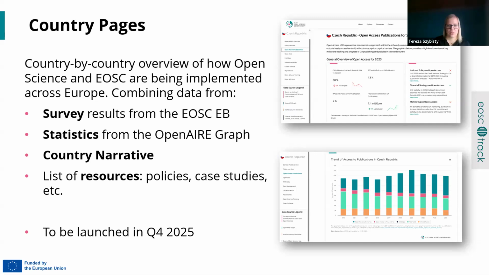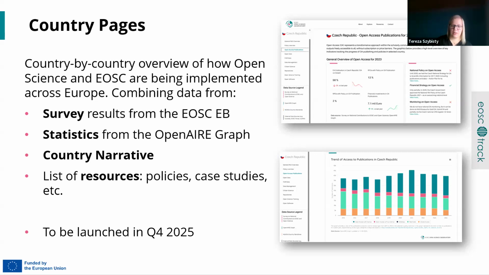Each page will combine different types of evidence. First, there are the survey results from the EOSC Steering Board survey, which will give us information mostly about policies and monitoring. Then we have the statistics from the OpenAIRE graph, for a data-driven view, for example trends on open access publishing, data sharing, software use, and so on.